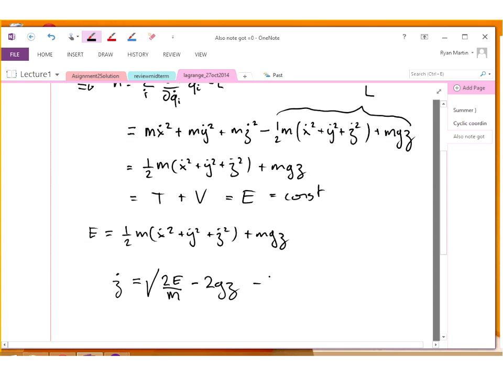I'm just going to have to write it out. And so, of course, x dot squared and y dot squared are constants.